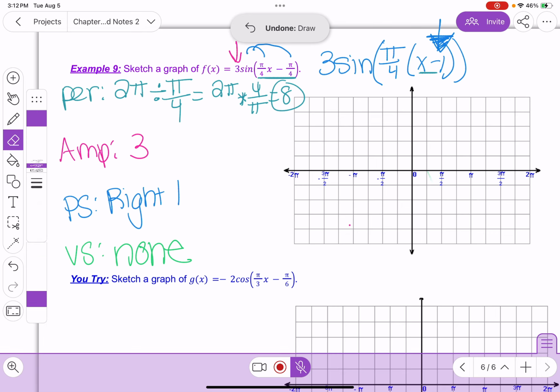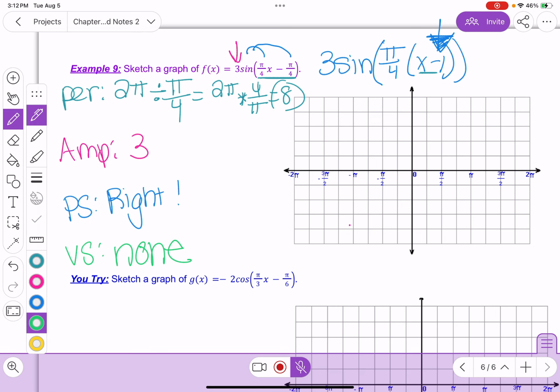Usually your phase shifts kind of match the periods, like they'll either both be in terms of pi or they won't, but we're going to estimate on this one. So we're going to go right 1. It's sine, so we start on the origin. There's no vertical shift.